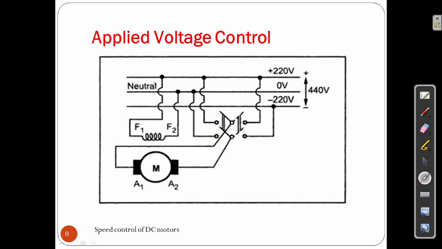If we give 440 volts, with 0 volt and 220 volt taps, this connection goes here and this connection comes here. Accordingly we change the connection of the motor, and from that we can easily control the speed of that particular motor.